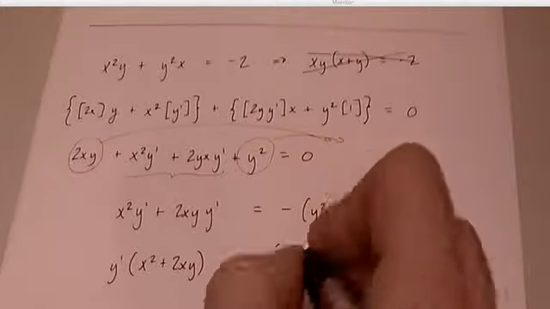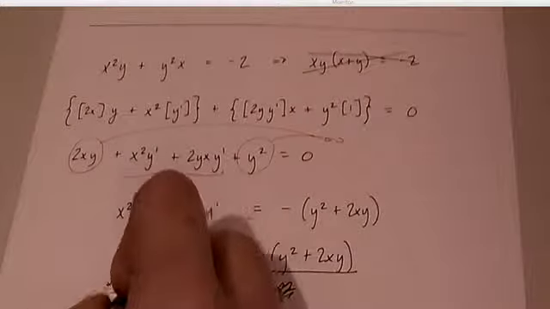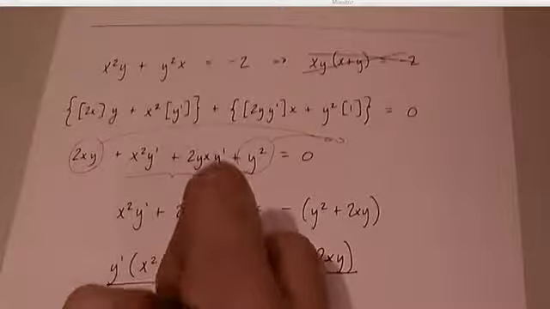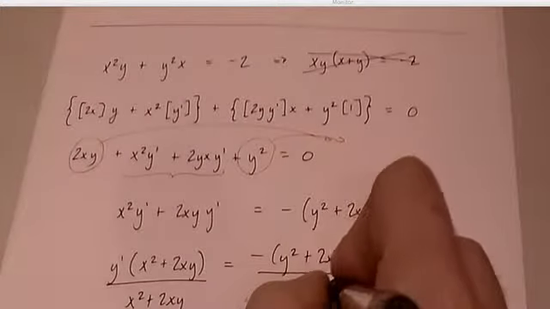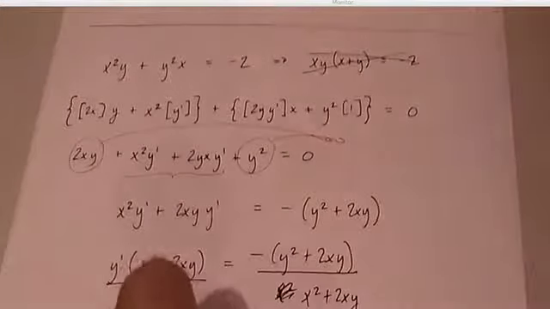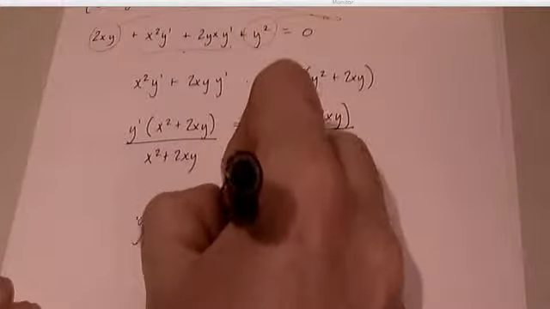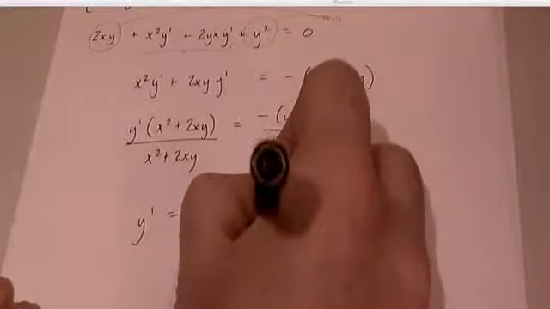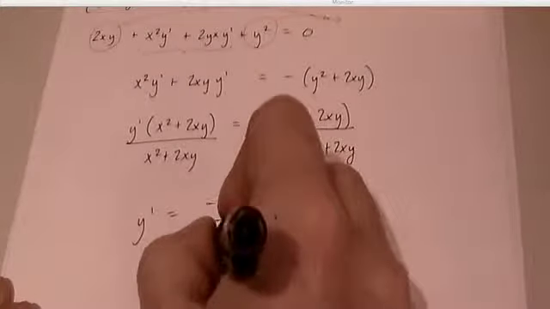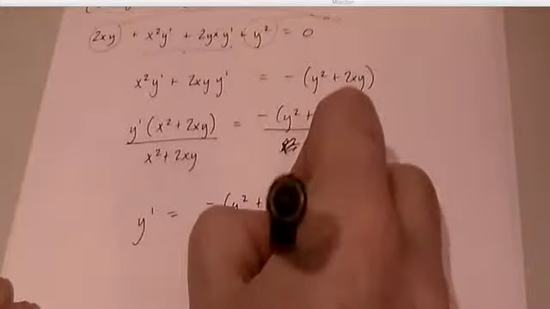Then, of course, I need to divide through in order to isolate the y prime, and therefore the y prime, as we see, is negative y squared plus 2xy over x squared plus 2xy.